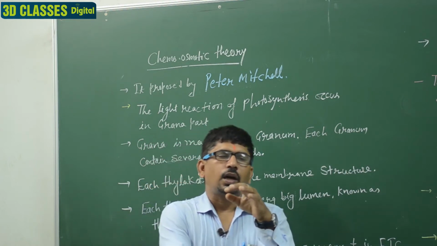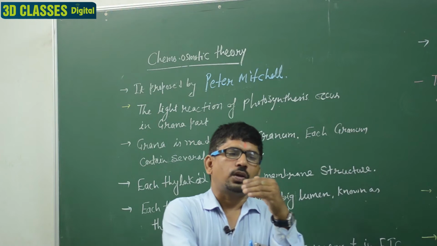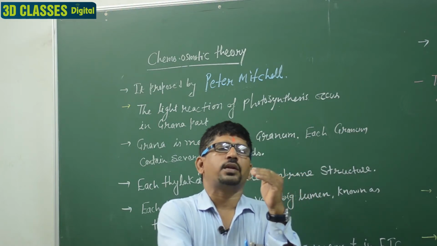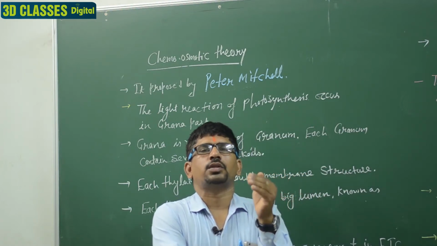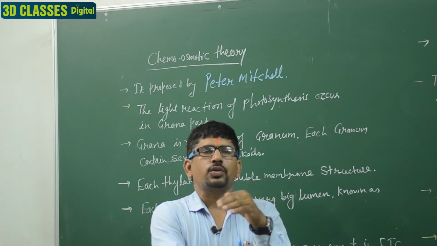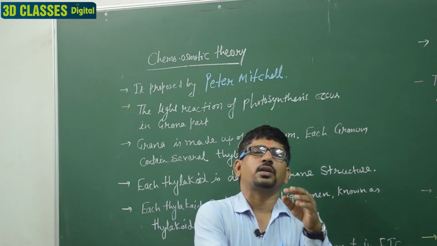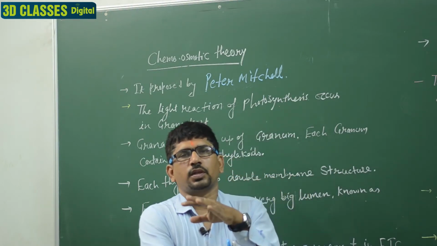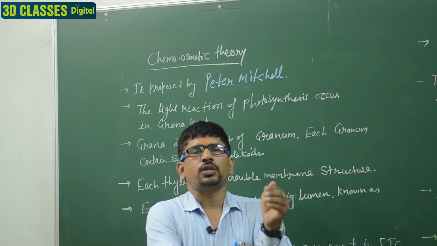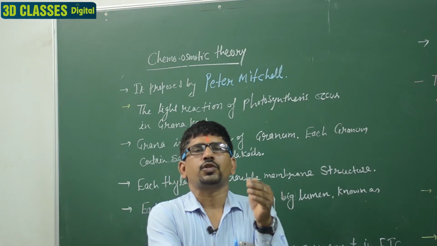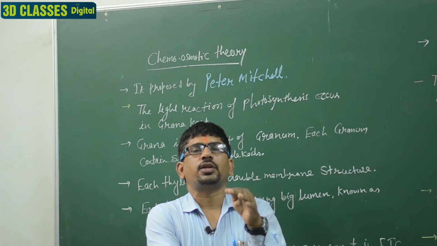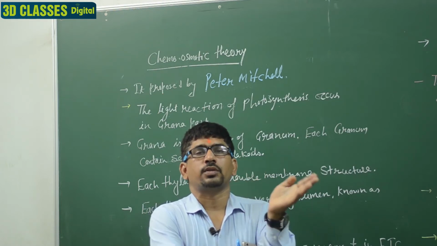Second, in the chemiosmotic theory we are discussing both photosynthesis and respiration, because both mechanisms represent a phosphorylation process, ATP formation. In photosynthesis, it is known as photophosphorylation, and in respiration, it is known as oxidative phosphorylation.